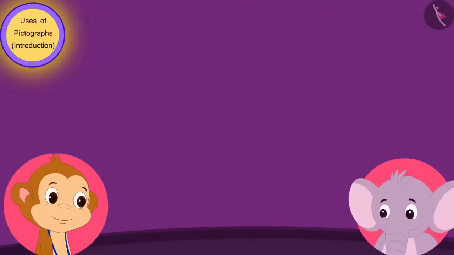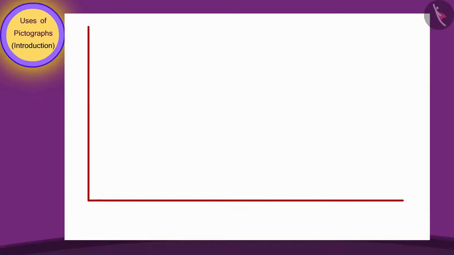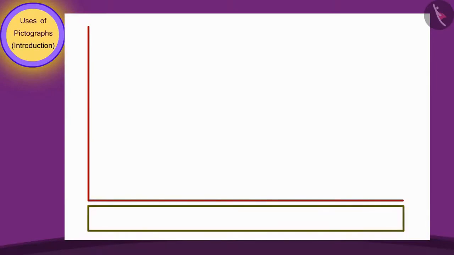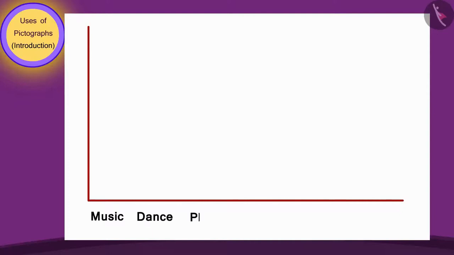Appu saw Babban's table and drew 2 lines like this on a paper. He first wrote down the names of all the programs near the lower line.